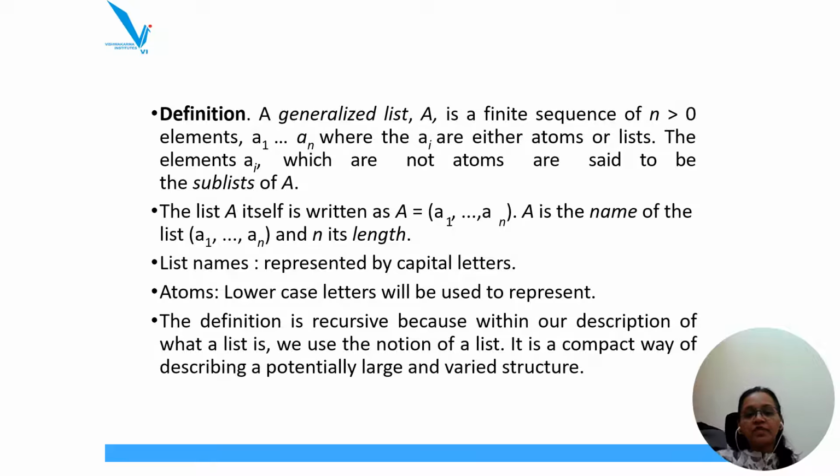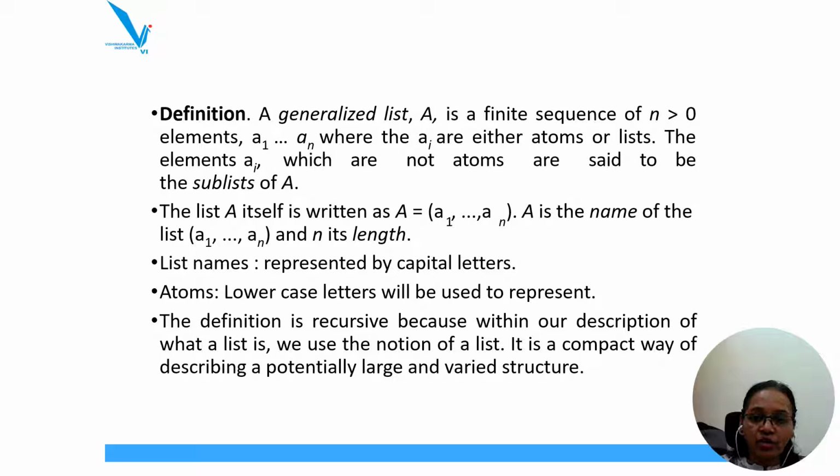A generalized list A is a finite sequence of n elements, where n is greater than 0, from A1 to AN, where the AI are either atoms or lists.